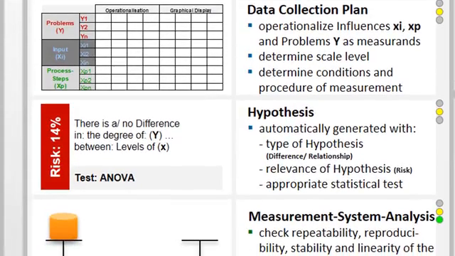Based on this operationalization, the statistical hypothesis for x and y can be formulated, either as relationship hypothesis, there is a or no relationship between x and y, or a difference hypothesis, there is a or no difference in y's between levels of x. The hypothesis and the scale level of x and y determine the appropriate graphical representations and the appropriate statistical tests.